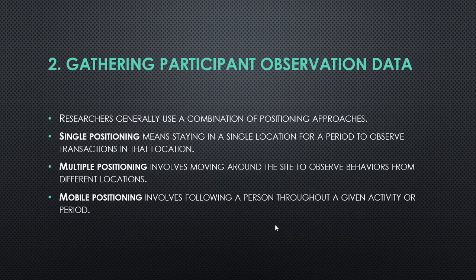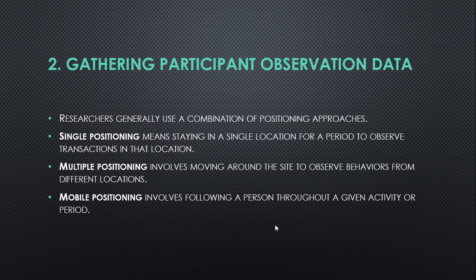Okay, researchers generally use a combination of positioning approaches: the single positioning, multiple positioning, and the mobile positioning. When we say single positioning, it means staying in one location for a period to observe transactions in that location. So specific lang, isang location lang siya mag-observe. When we say multiple positioning naman, it involves moving around the site to observe behaviors from different locations.